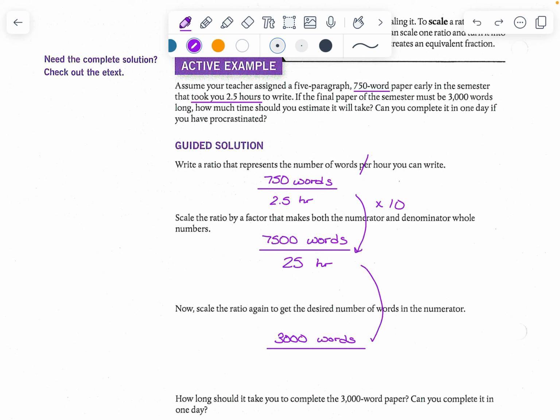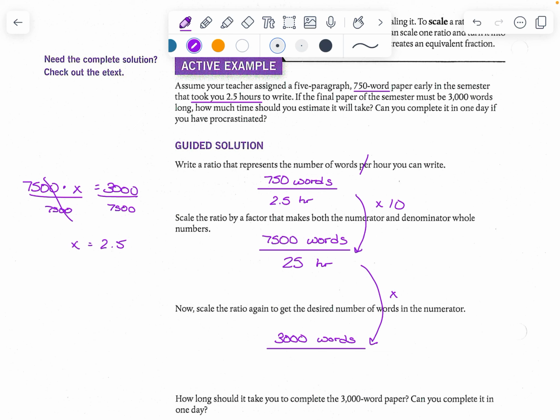I am still going to multiply this by something. But if you're saying, I'm going to go off to the side, 7,500 times some number has to give me 3,000, you can find what that number is by just dividing by 7,500. And you're going to realize that that's just 2.5 times what it was.